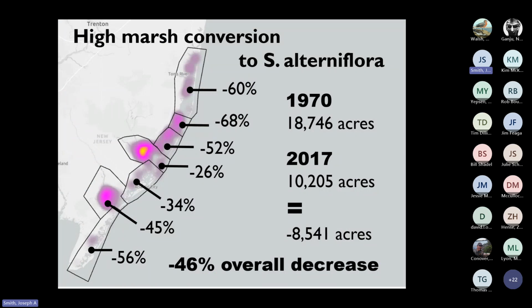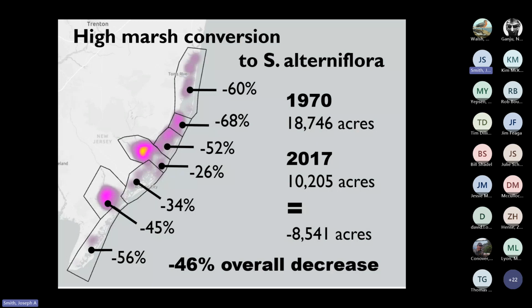Wendy mentioned high marsh conversion to alterniflora. That's something I've looked at on the whole coast here, and it's one of the most dramatic changes along this coast. We've lost about 6-7% of marsh overall, but 50% of our Spartina patens marsh since 1970. So big changes.